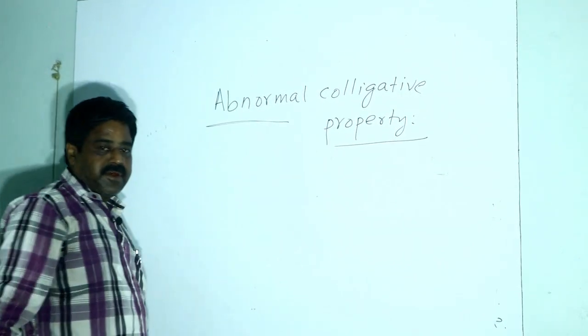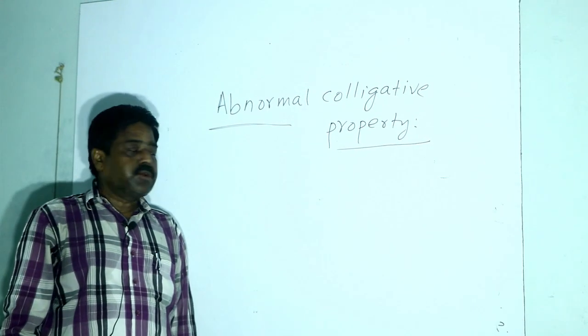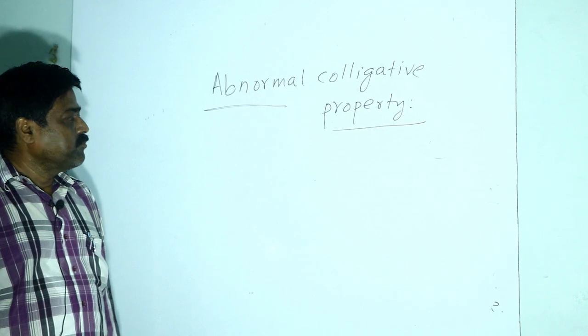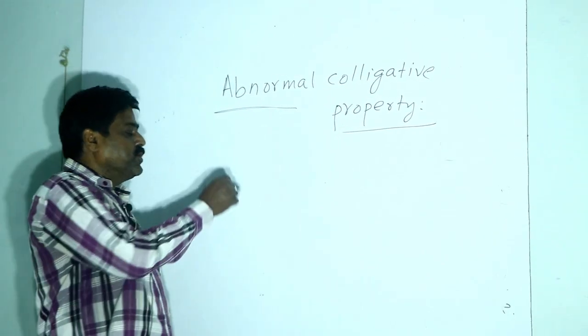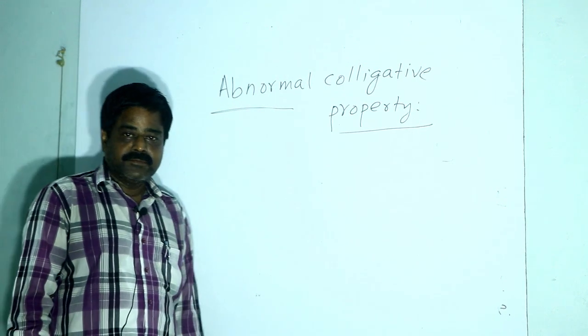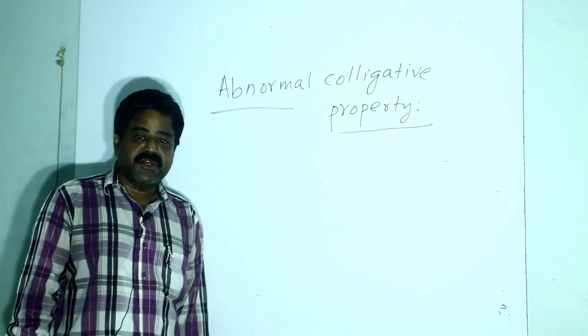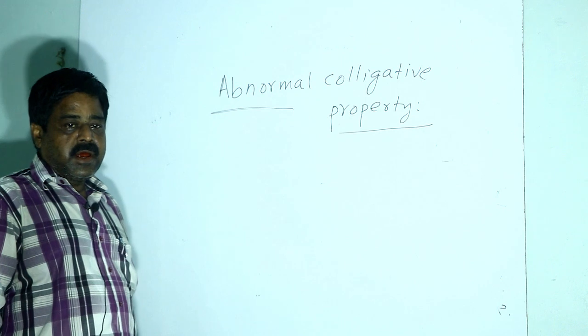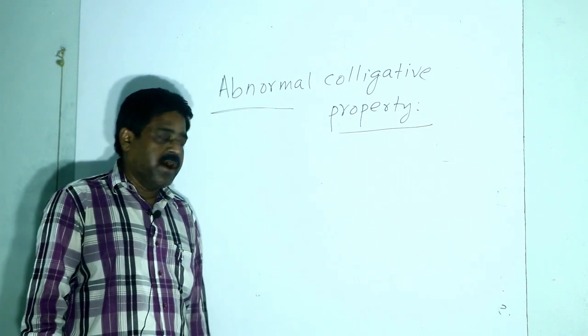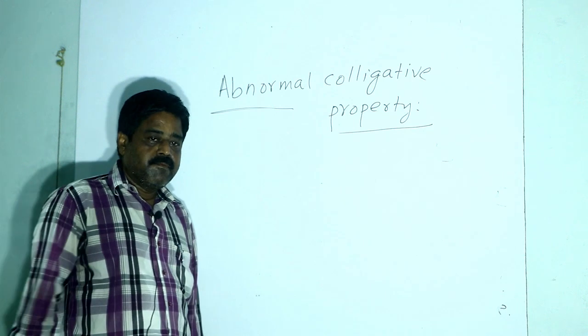The abnormality means it does not obey Raoult's law correctly, and the determination of molecular mass by osmotic pressure, elevation in boiling point, as well as from the lowering in vapor pressure data, which we have taught in the next class.